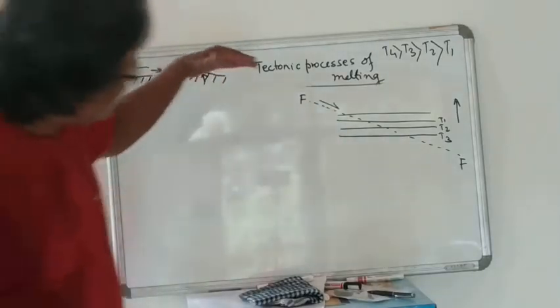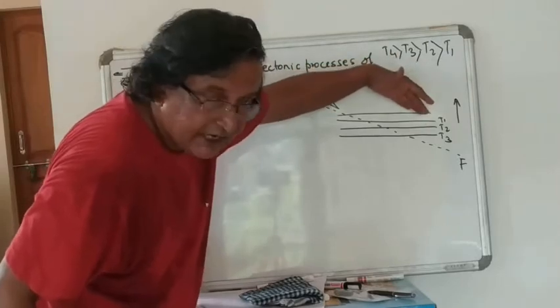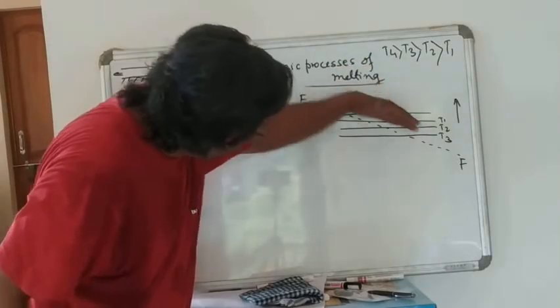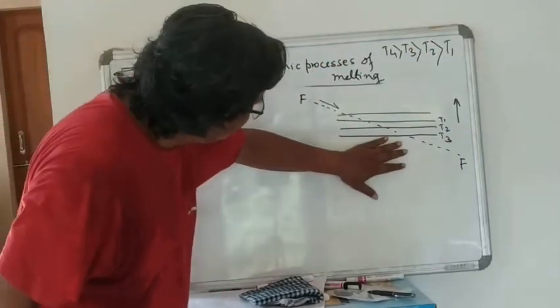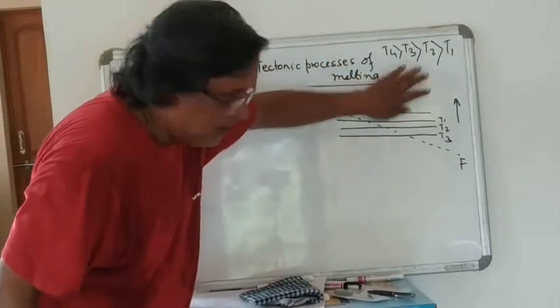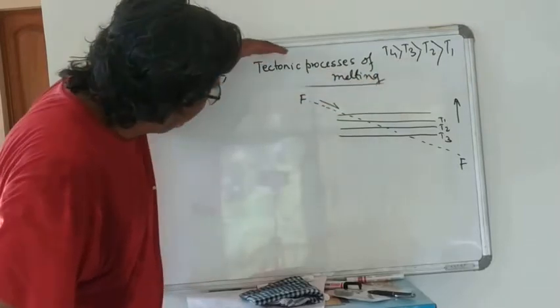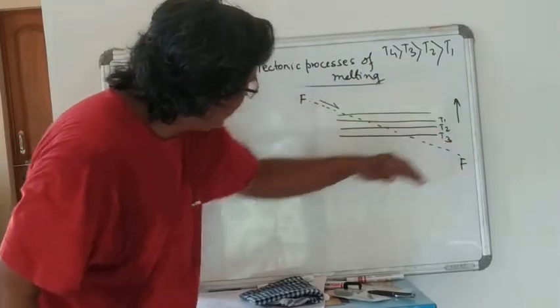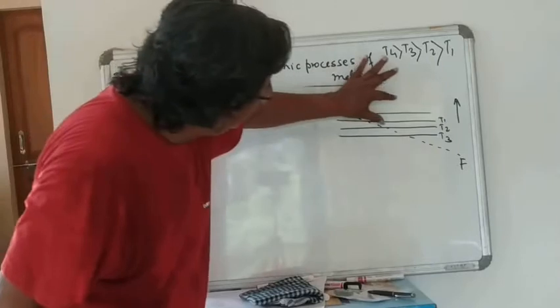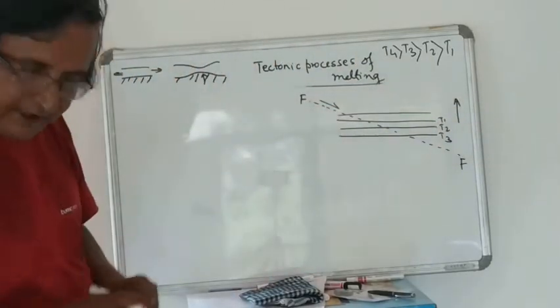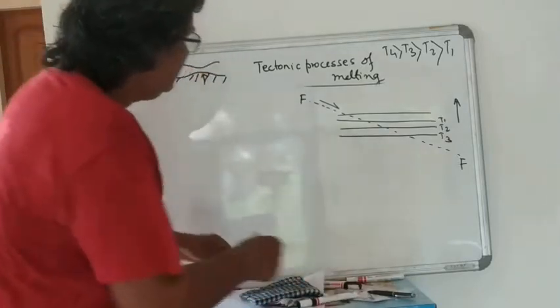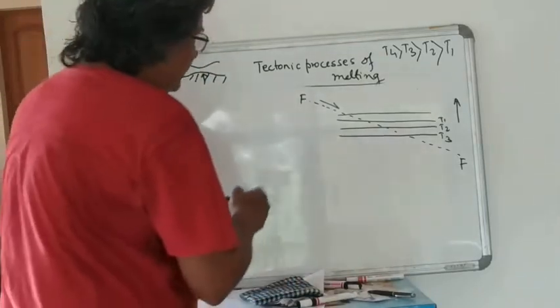Remember, the hanging wall on this side moves down relative to the foot wall. Remember, this is the foot wall and this is the hanging wall hanging above the foot wall. So if it's a normal fault, it would trigger this part to slide down the fault plane. Have you understood?